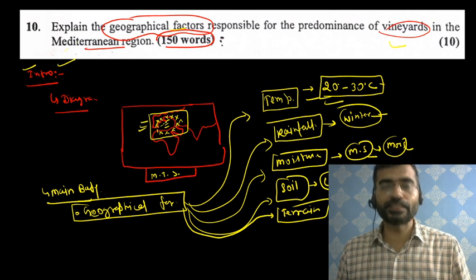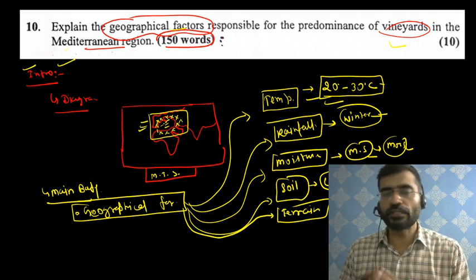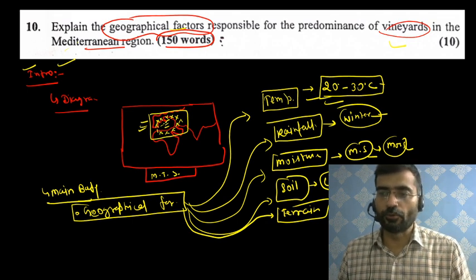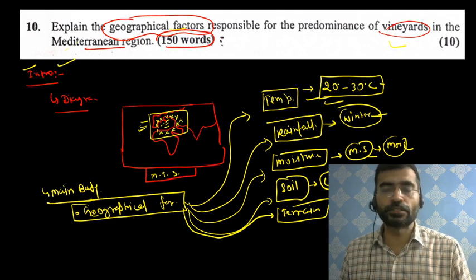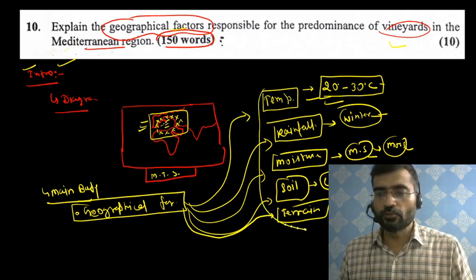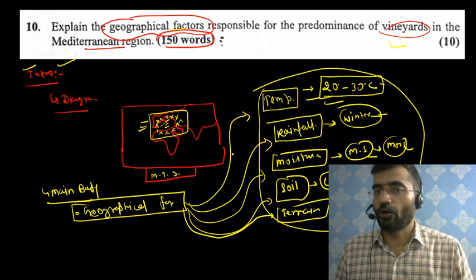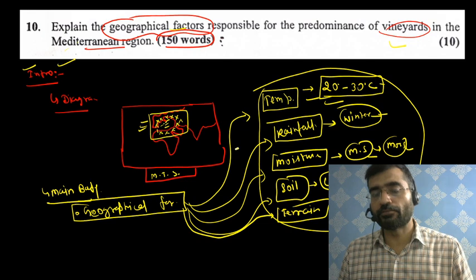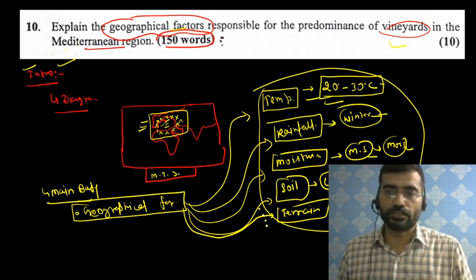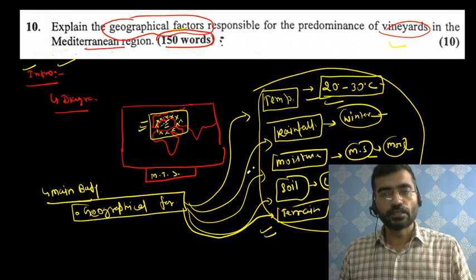So they are receiving sunlight during the blossoming season and during the ripening season. So with this factor, the cultivation of the fruit and development of vineyard is supported by the climate.